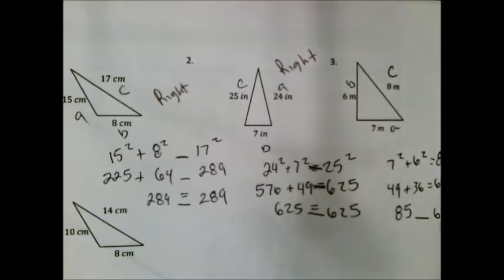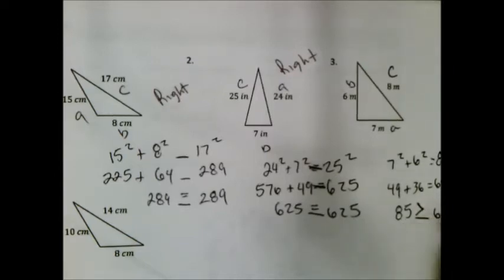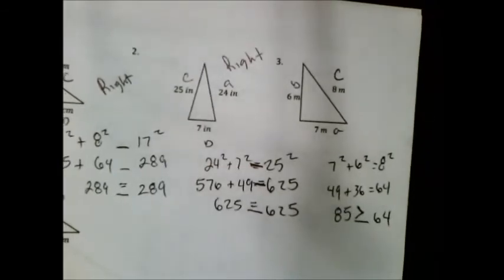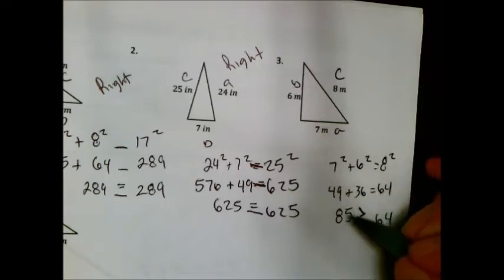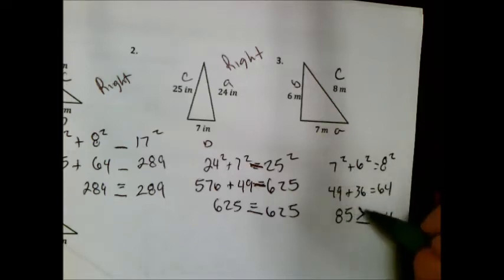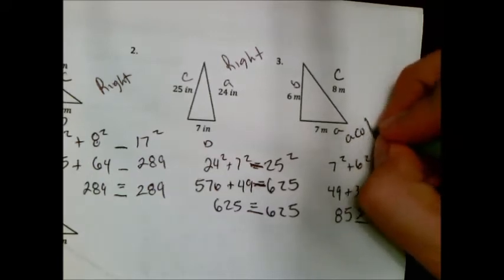This is acute because, oh, my bad. A, B, C, 49, 36, 64. Add these two together, you should get 85. And since it's bigger than the C squared, we know this is acute.